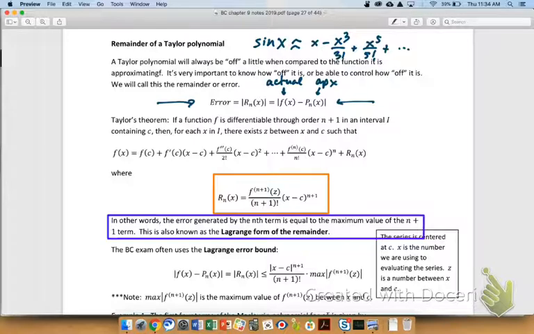N plus 1 would mean the next term if the powers go 1, 2, 3, 4, 5, 6, 7, 8, 9, 10. 5 plus 1 is 6, not 7. Correct. But when I say the next term, if I literally am talking about the first neglected term off this alternating series, I would say it would be minus x to the 7 over 7 factorial. But if I said, what's the n plus 1th term? Well, what's 5 plus 1?